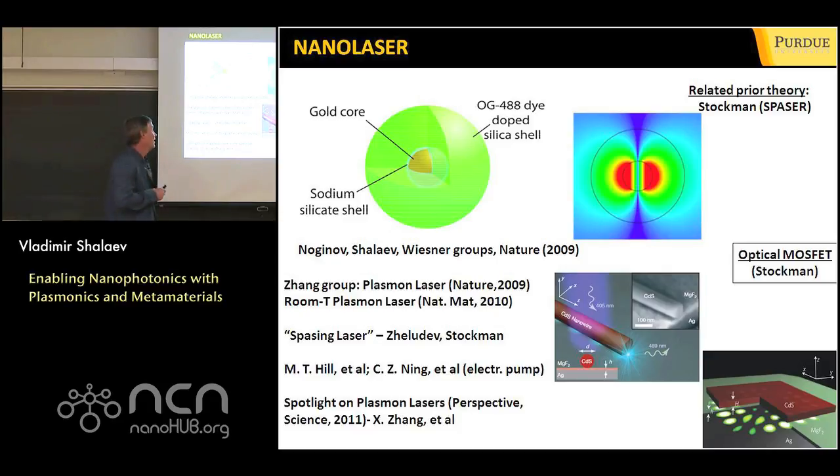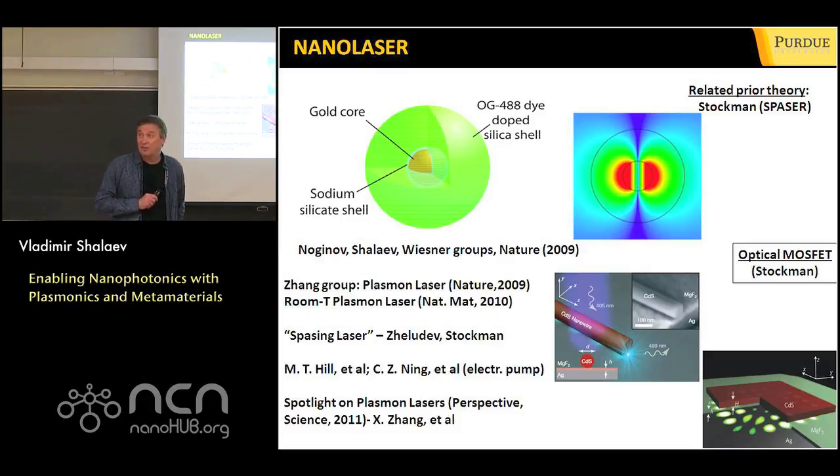And around it you have this dielectric shell, which is doped with active material, dye. When you optically pump the dye, it provides amplification. But what you amplify is surface plasmons, and you have this feedback system for surface plasmons inside this gold core, and then you convert it to light. So that was the first demonstration of a nanoscale laser.